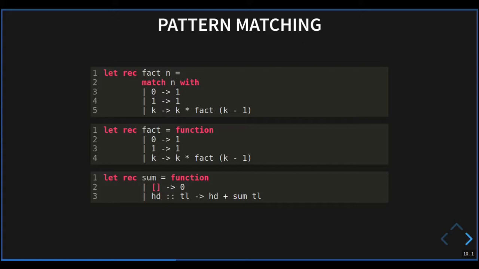So here we have the head of the list, which is the first element of the list. And then we have the tail of the list, which is all the elements of the list except for the first element. And then we call this function recursively for the tail, and again it is matched against these patterns until all the elements are matched in this way.